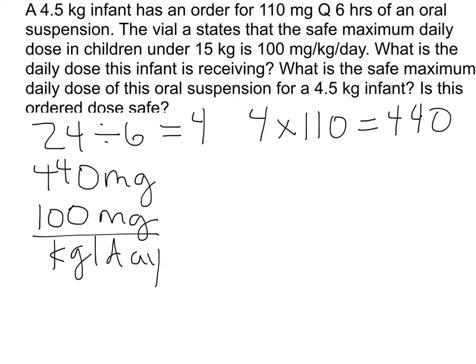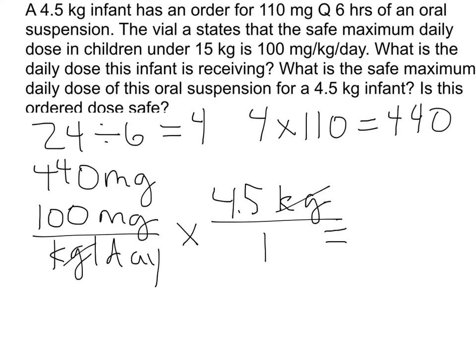Remember, we're going to use dimensional analysis, so that means we're looking to cancel out these kilograms. To do that, we're going to use the weight of the patient, 4.5 kilograms. We'll put that over 1. Get rid of the kilograms, multiplying straight across. Remember our little trick with the decimal point, right? 4.5 times 100, we've got 2 zeros.